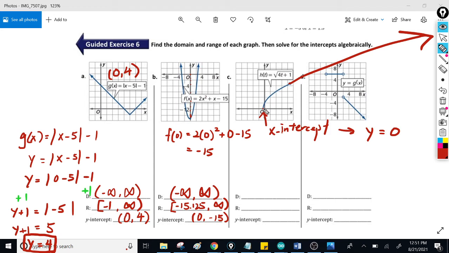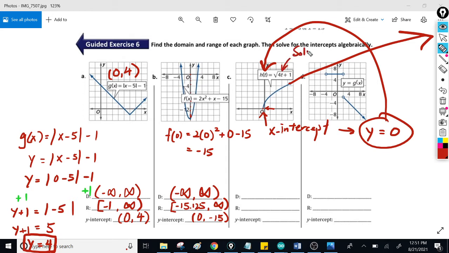On the x-intercept, the y value right here is going to be 0. So how are you going to find it? You have to set y to 0, and then solve for x.